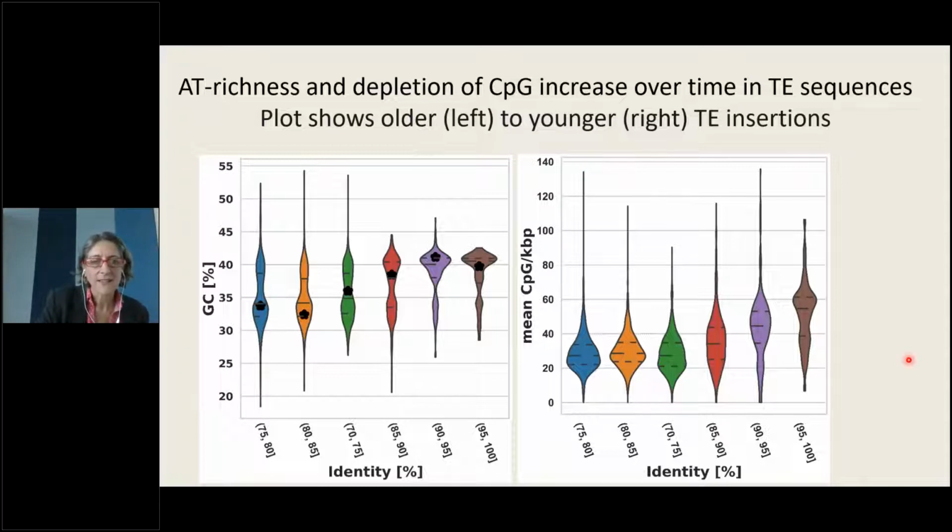So on these plots, we've got the older transposable elements on the left and the younger ones on the right, and you can see that over time there's a depletion of GC to AT.